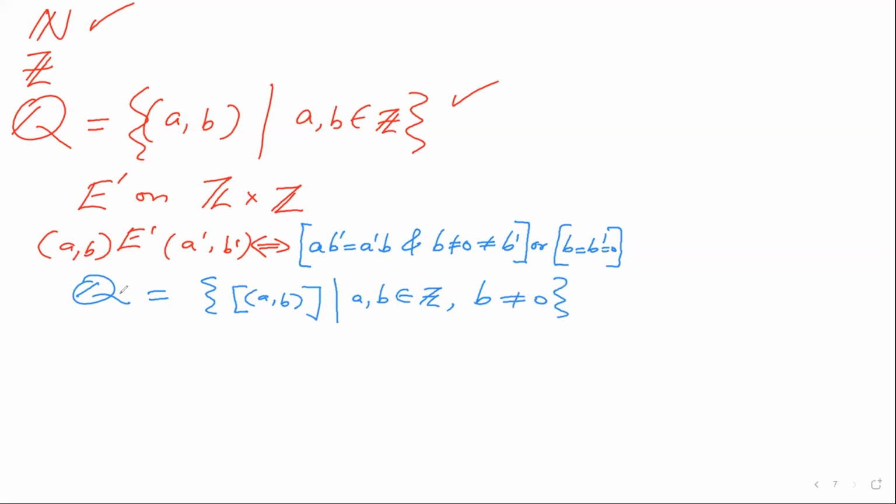There is your rational numbers. Where AB is an equivalence class of E prime this time.